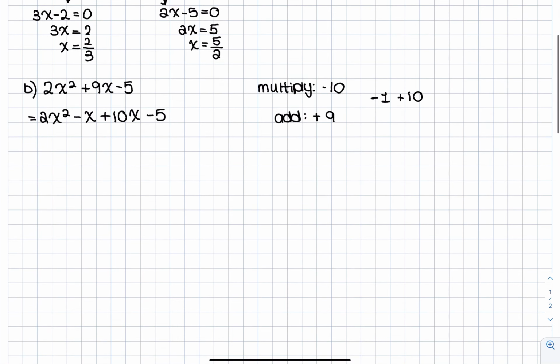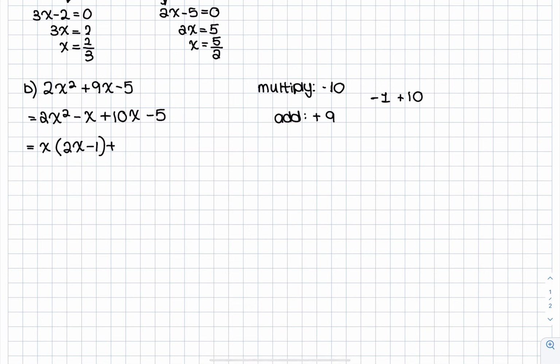We're going to pull something out of the first two terms here. We can pull out an x in the brackets. That's going to leave us with 2x minus 1. And then we're going to pull out something from the last two terms, which is a 5, because 5 goes into both 10 and 5. We cannot pull out an x because we only have it in one term.